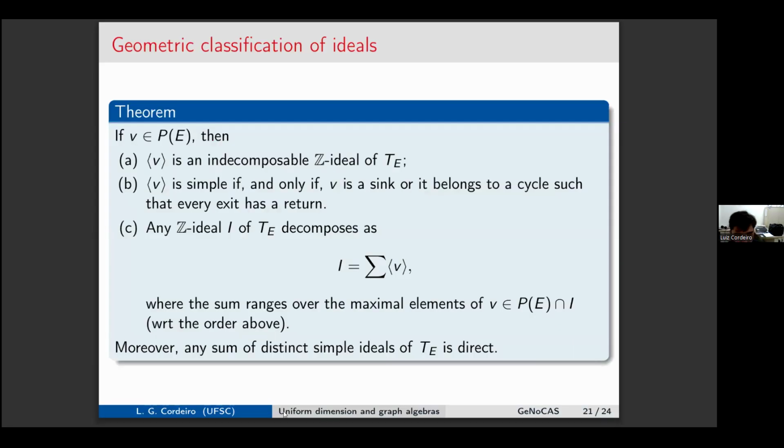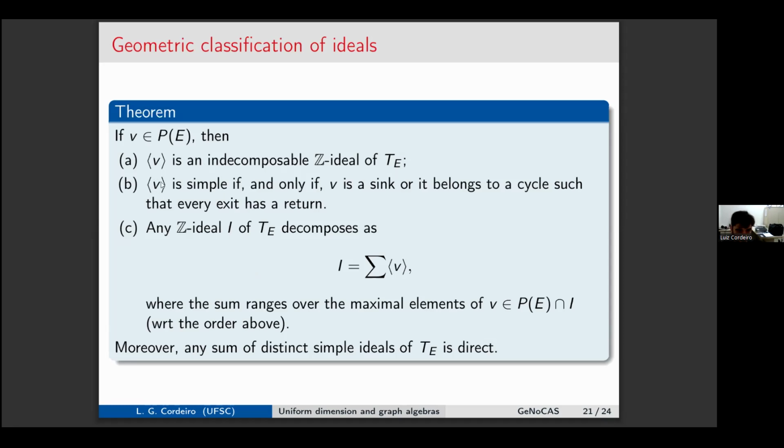And then we have our supposed classification of the ideals, which says that the indecomposable ideals of the talented monoid, that is, those ideals which cannot be decomposed as a direct sum of proper ideals, are precisely the ideals generated by the vertices in this collection, which are sinks or belong to a cycle.